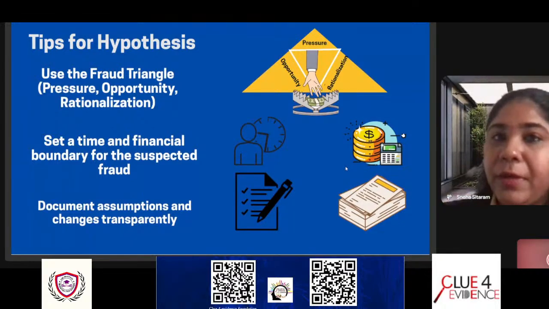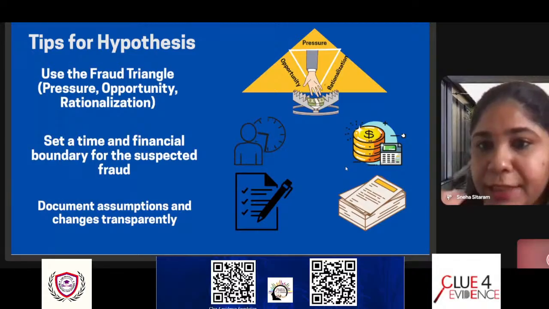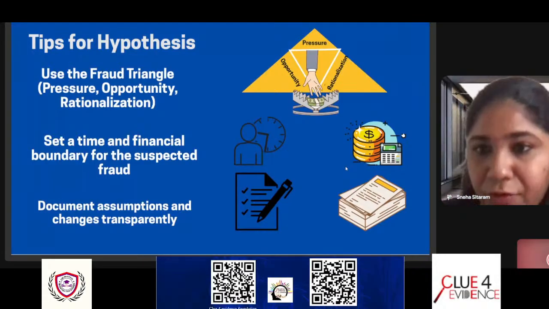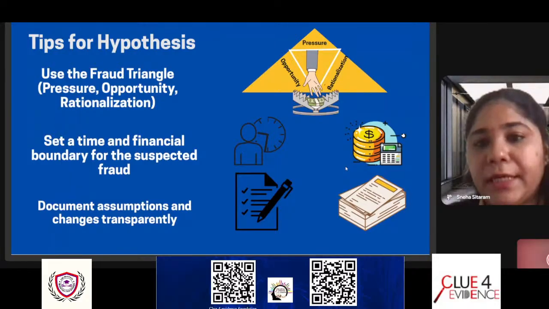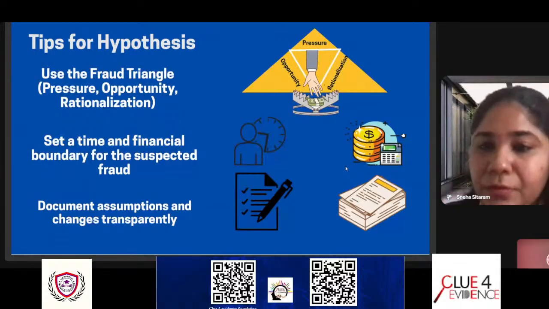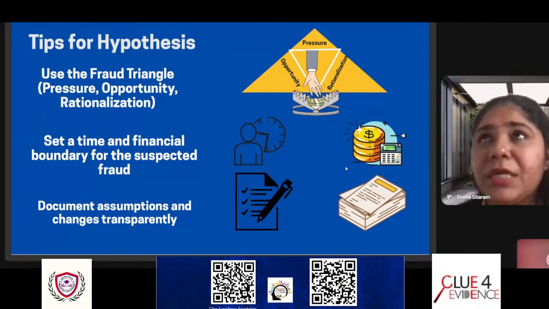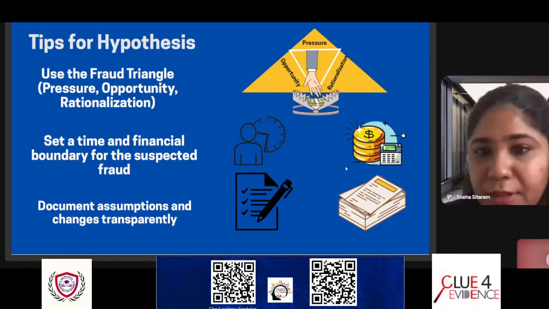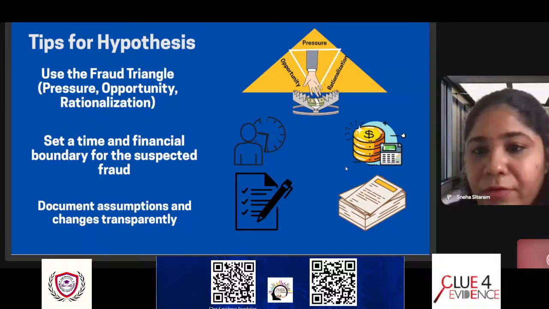So it would be all these patterns or theories which we understand. We try to put them in a tool, that is a data analytical tool, which helps us pull out the data. Excel is a basic one which we follow.